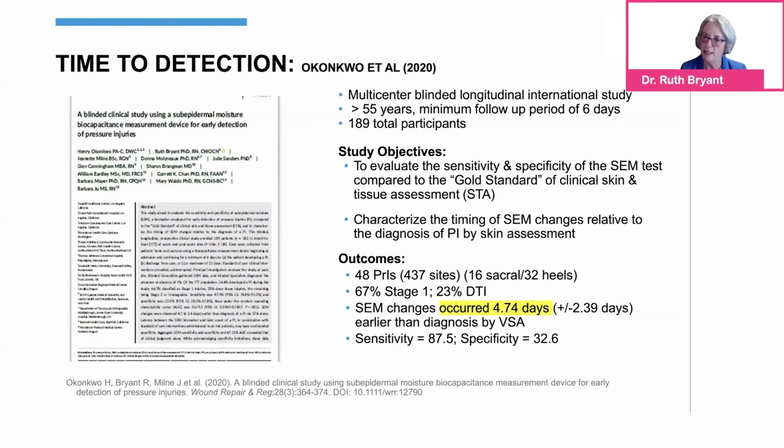But what's more stunning to me is the number of pressure injuries that occurred in this study. This is a study where we're watching the patients every day. There are 2 different people looking at them: somebody's doing the subepidermal moisture measurement, and a different study person is looking at their skin and doing an assessment. And yet, even with that close scrutiny, look at the number of pressure injuries that developed on the sacrum and on the heels.